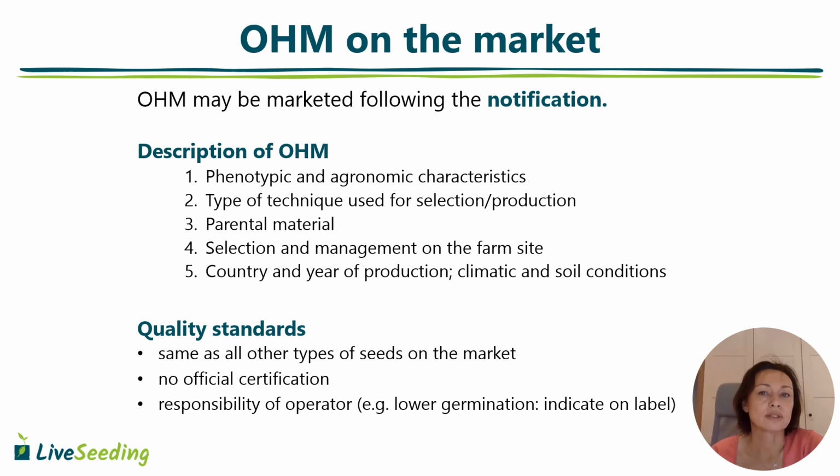The descriptive dossier must contain the following relevant information about the OHM: phenotypic and agronomic characteristics, type of technique used for selection and production, the parental material, selection and management practices at the farm, and country and year of production, including the specific climatic and soil conditions.